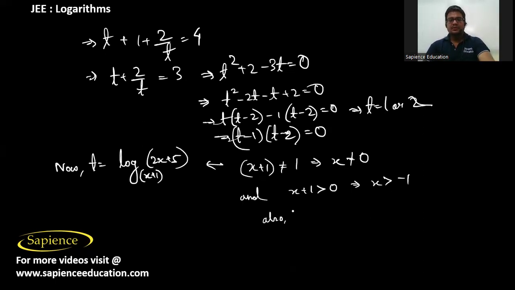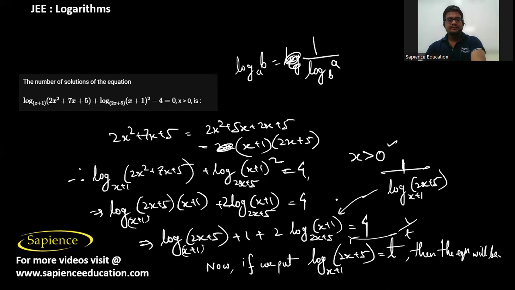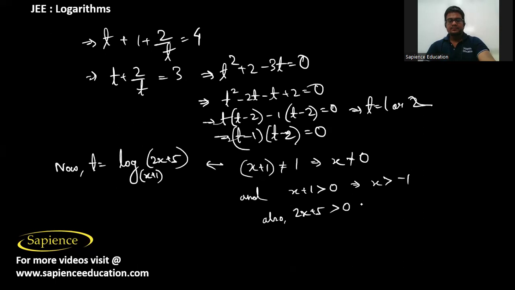And also 2x plus 5 should be greater than 0. So 2x should be more than minus 5, so x should be more than minus 5 by 2. If we take the intersection of these two, x should be more than minus 1.